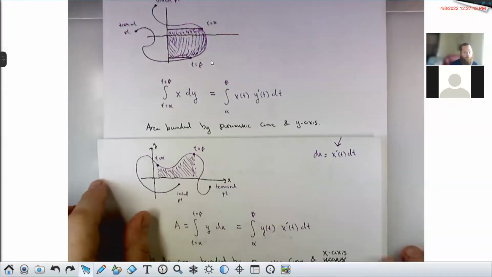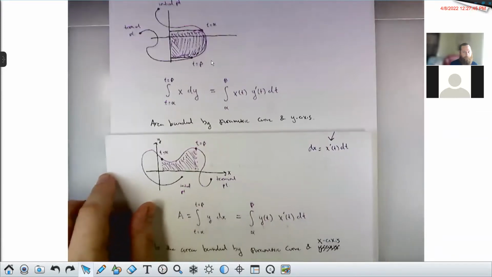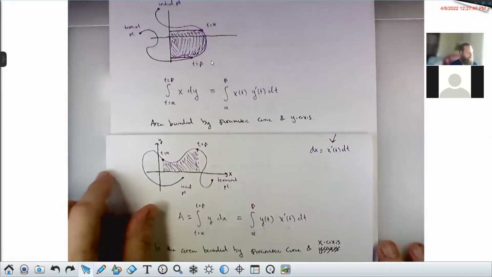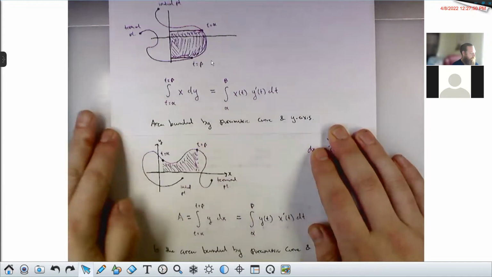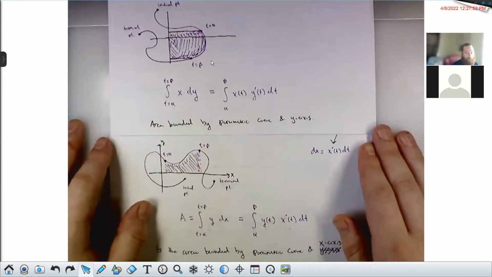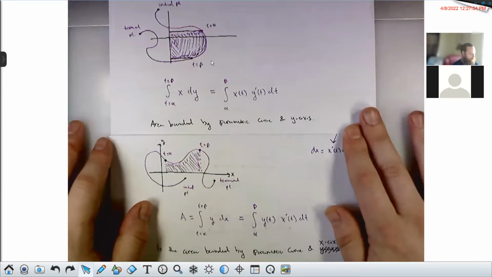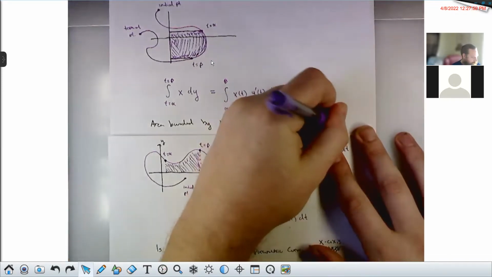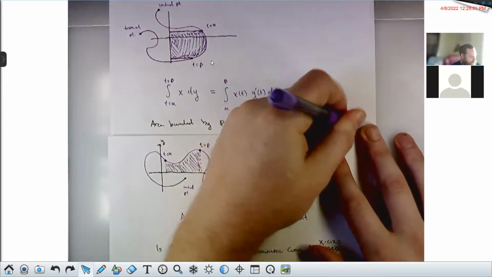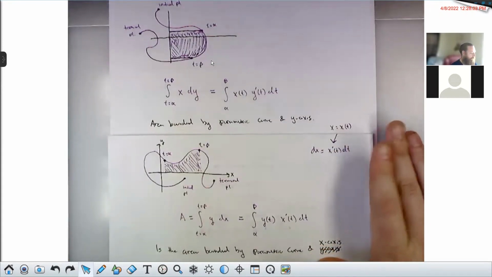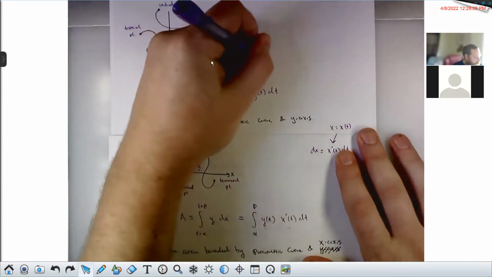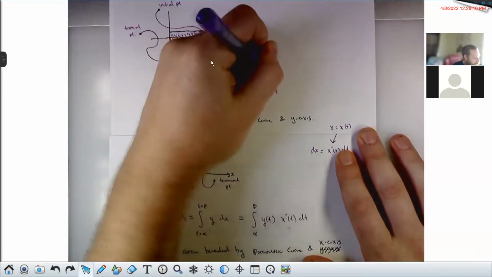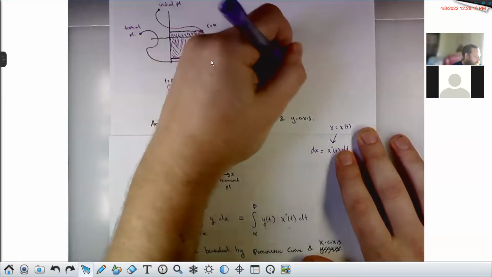Here we go. This right here just said x equals x of t. I can put a similar thing here. y equals y of t means dy is y prime of t dt.